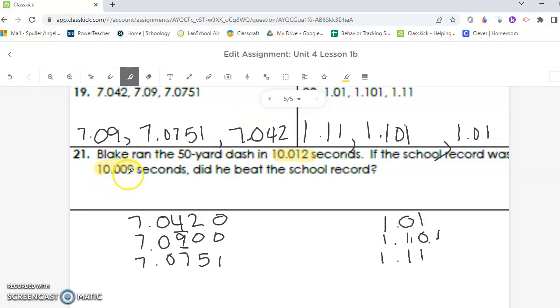So 10.009 or 10 and 9 thousandths is less than 10 and 12 thousandths.